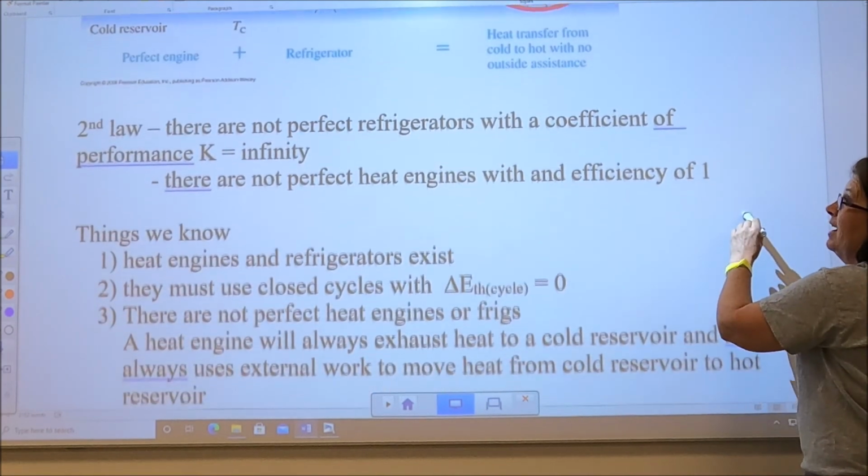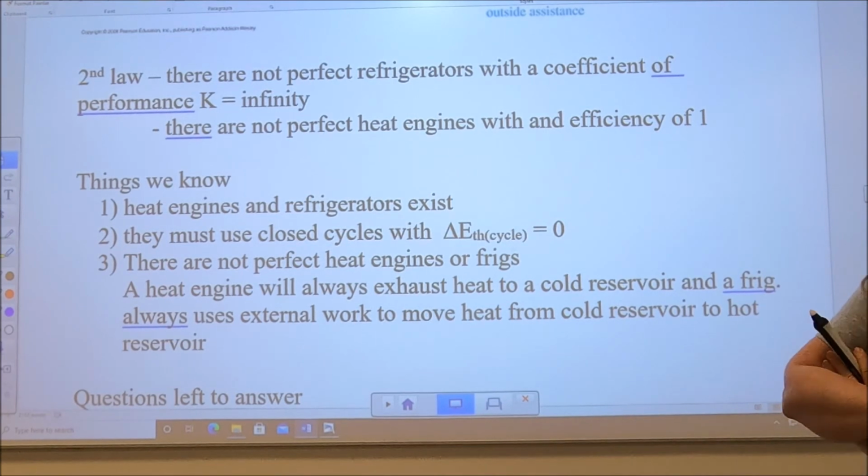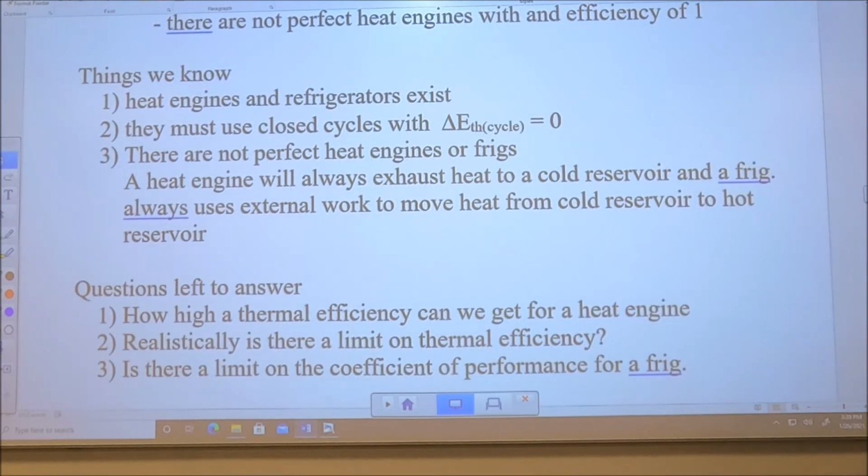So, thinking about refrigerators and heat engines, the second law says that there are no perfect refrigerators with the coefficient of performance K equals infinity. And there are no perfect heat engines with an efficiency of 1. Things that we know then at this point is that heat engines and refrigerators exist.